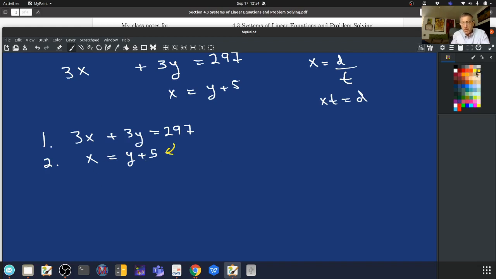So I'm going to go up here and we're going to replace x. I'm going to start with equation 1 and replace x with the value given in equation 2. So 3 times x, well, x is equal to y plus 5, plus 3y is equal to 297.